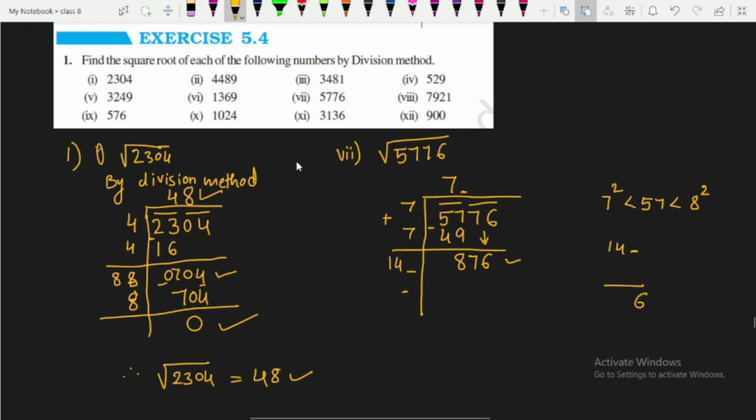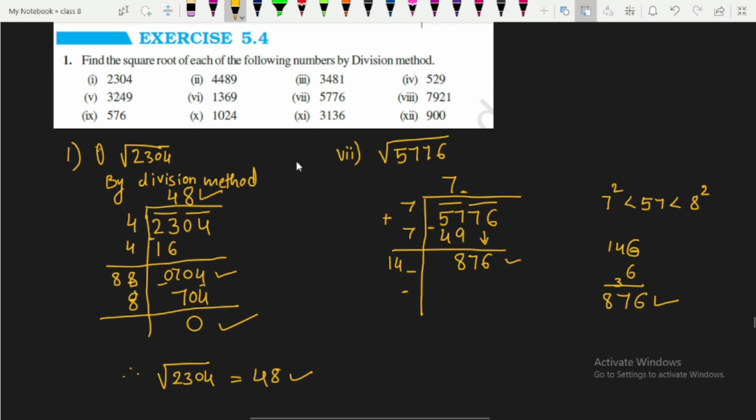It may be 4, 4 sixes are 24, or 6 you can take. Maybe we'll try with 6. 6 sixes are 36, 3 carry here, 6 fours are 24, 24 plus 3, 27, 2 carry, 6 ones are 6, 6 plus 2 carry, it is 8. So now you are getting 876.